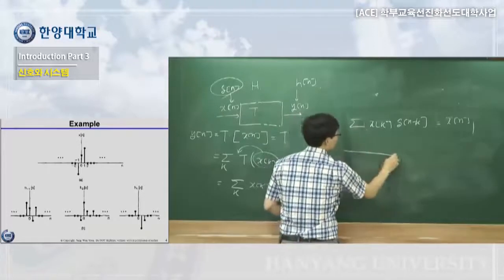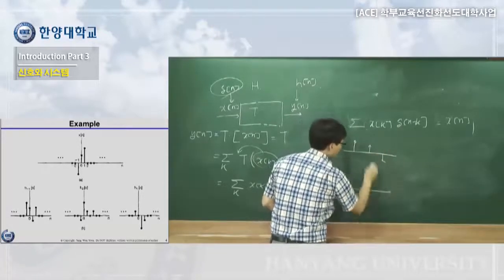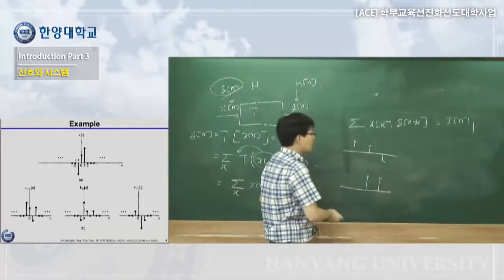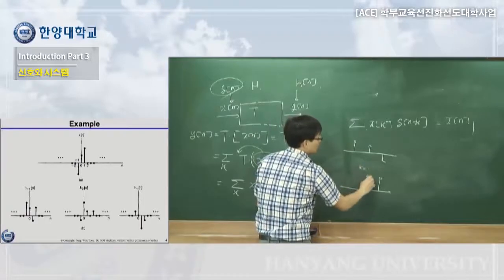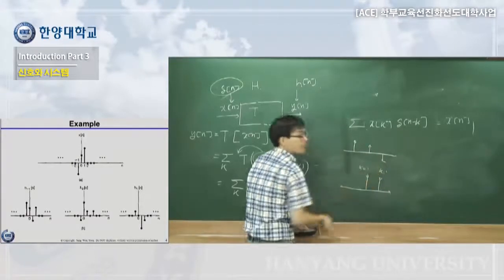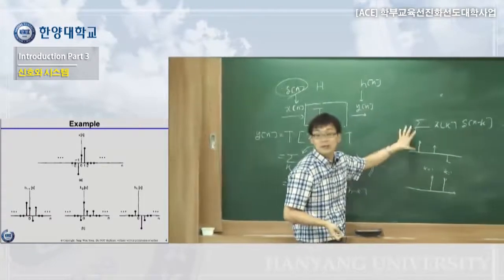Remember, we have x, and we have delta. When k equals 1, this one only picks up here. When k equals 2, this one only picks up here. So in here, x does not move, x just stays.